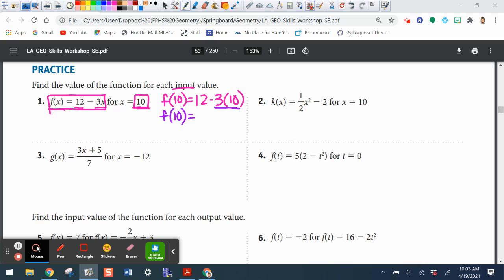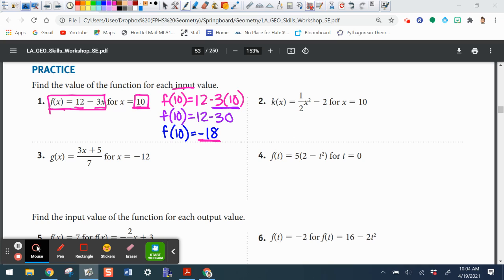We multiply negative 3 times positive 10, which is negative 30. So bring down the 12 minus 30. And now simple subtraction, 12 take away 30. f of 10 is equal to negative 18. Pretty simple, just plugging in an input and producing an output. For those that are trying to follow, this is what's called the output value.